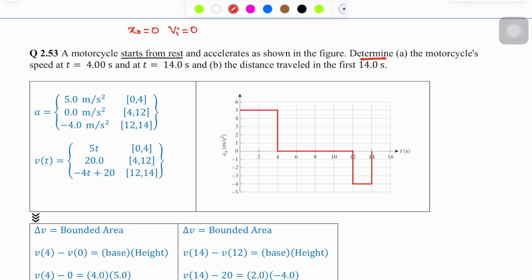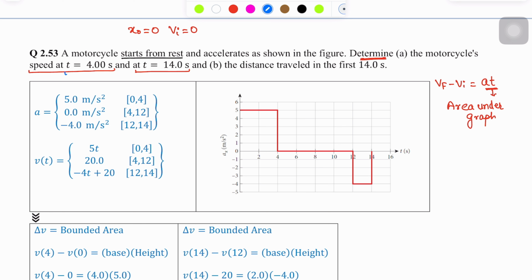Determine the motorcycle speed at 4 seconds and at 14 seconds. First we are looking for 4 seconds. Apply the same thing: V final minus V initial is equal to A times T. Yes or no? I told you. And this A times T you can say is the area under the graph.